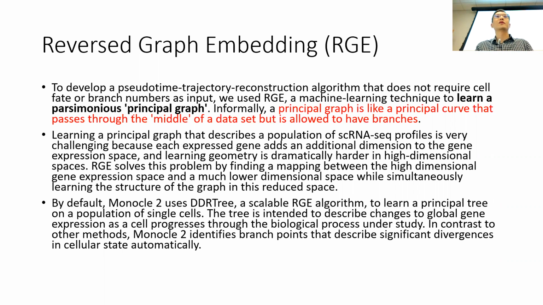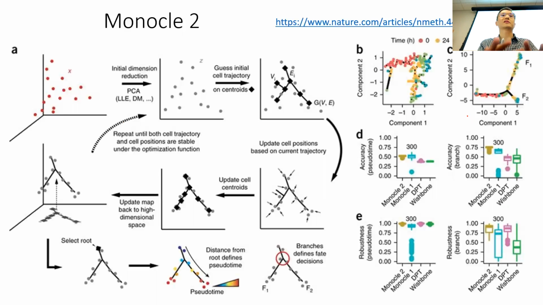And this reverse graph embedding uses a so-called principal graph, similar to a principal curve that goes through the middle of the data points, to create those branches. Okay, so that's the solution for Monocle 2.